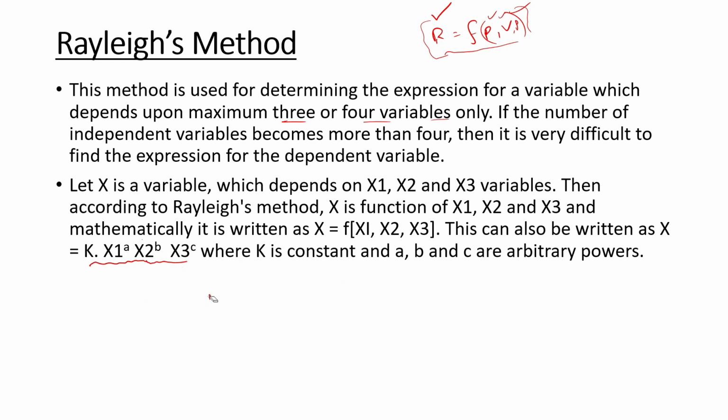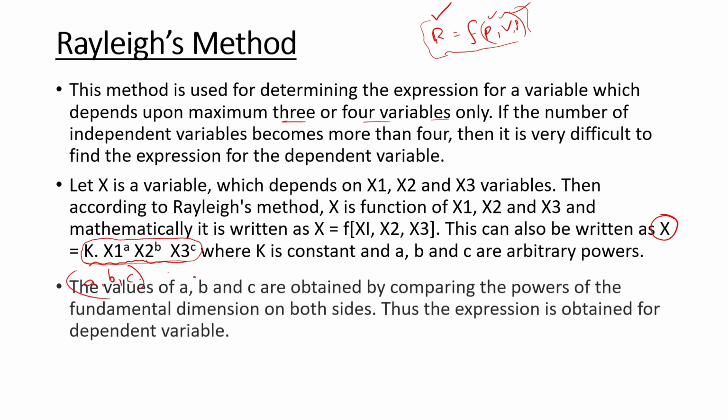We have seen in dimensional homogeneity that the dimension of the left-hand side, the dimension of x, should be equal to the dimensions of k into x1 raised to a into x2 raised to b into x3 raised to c. So we are making use of this idea to get the values of a, b, c. Thus, we can establish the relationship between these variables.